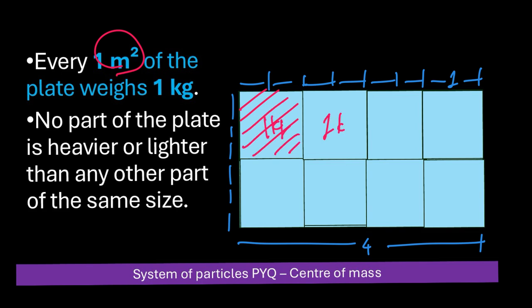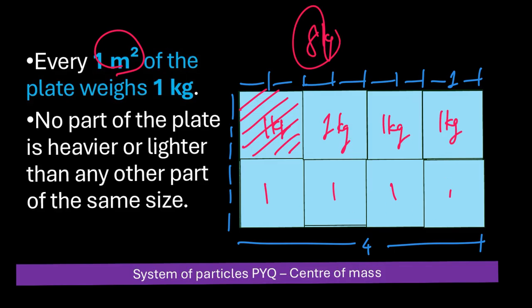So this will be 1 kilogram. This also 1 kilogram. These as well. And now if we add these 1 plus 1 plus 1 plus 1, 8 times, what we get is 8 kilograms. Therefore, such a division makes sense here. Okay. So this is how we divide the given laminas based on what? Based on the mass distribution. Okay.